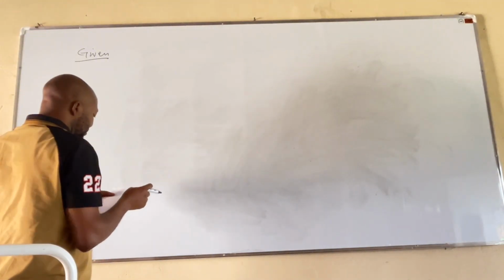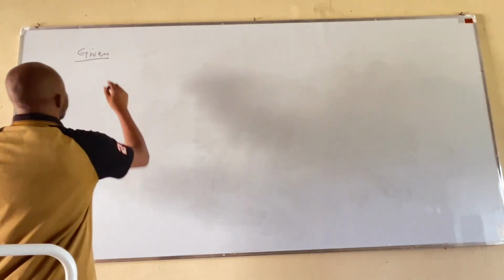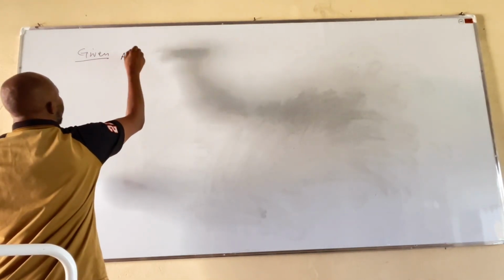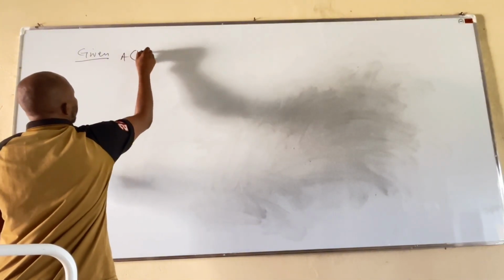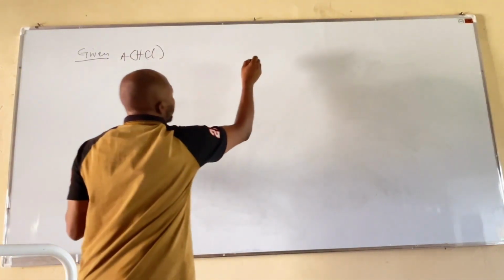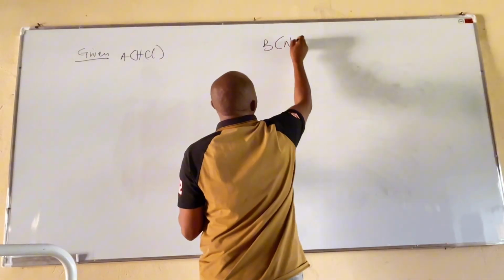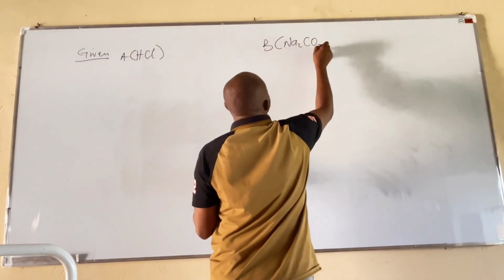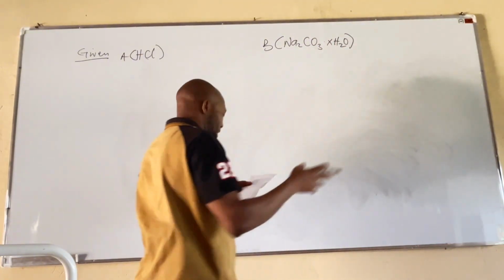So from the given, I have the acid and the base. A here is for the acid, which is HCl, and B is the base, which is sodium carbonate, Na2CO3.XH2O, hydrated.